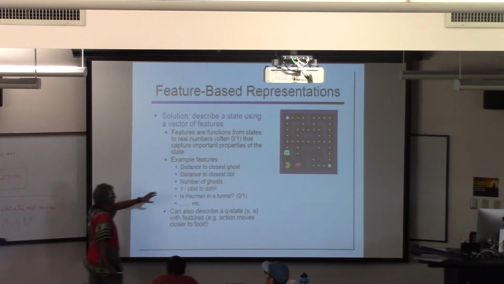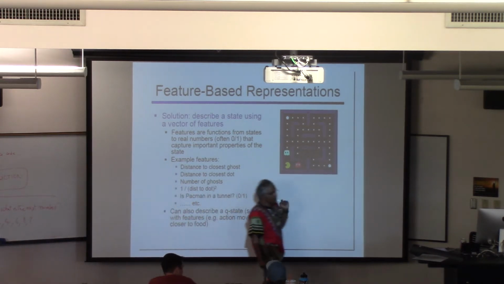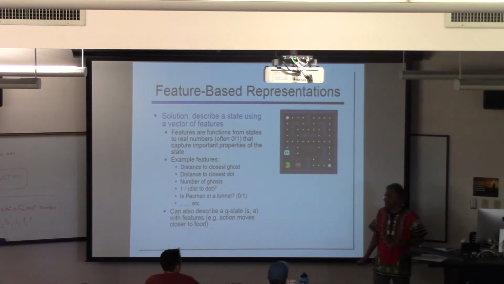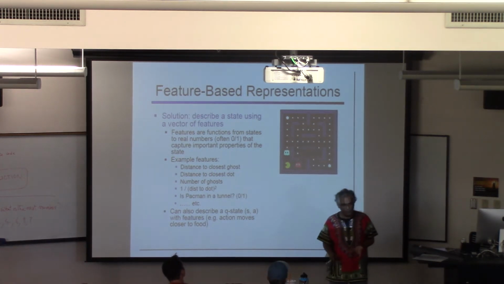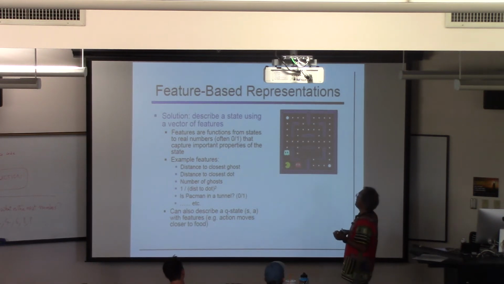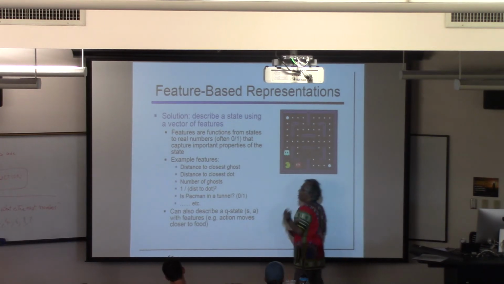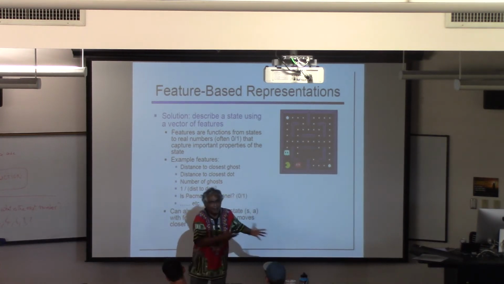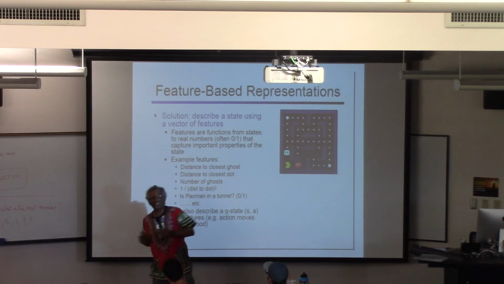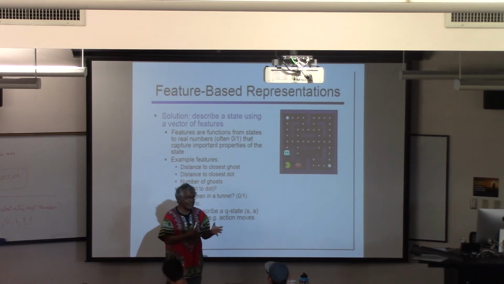So if you represent these states in terms of these features, then essentially you have a factored, or feature-based, or lifted representation. When you do that, whatever you learn about one state transfers to all the related states, where the states are related in terms of features.